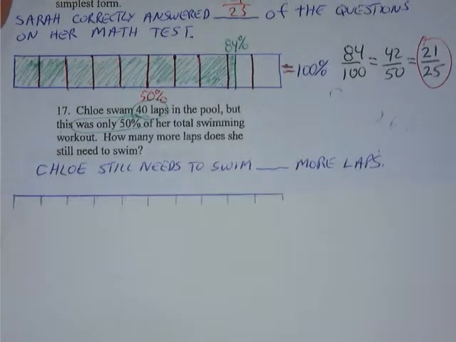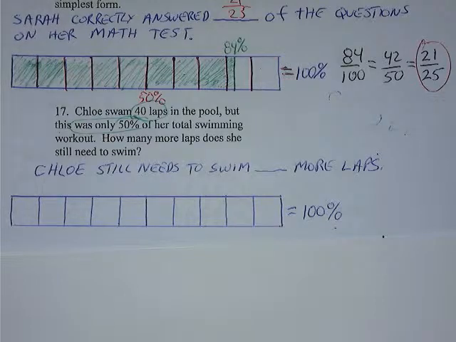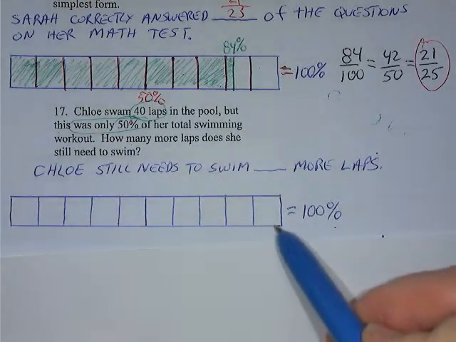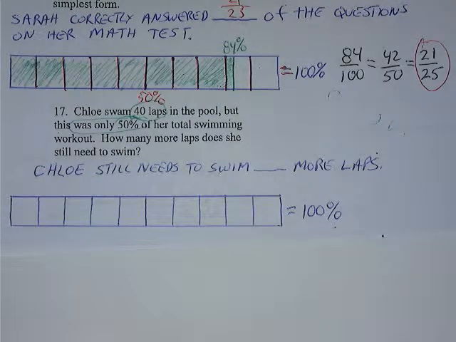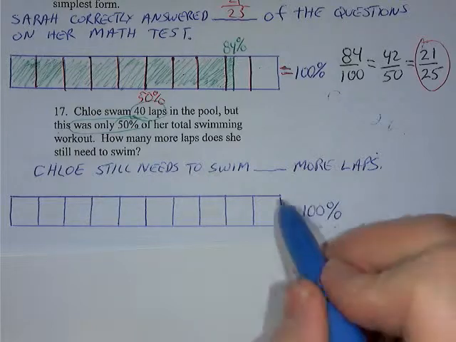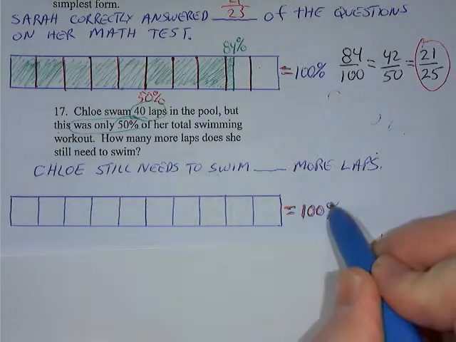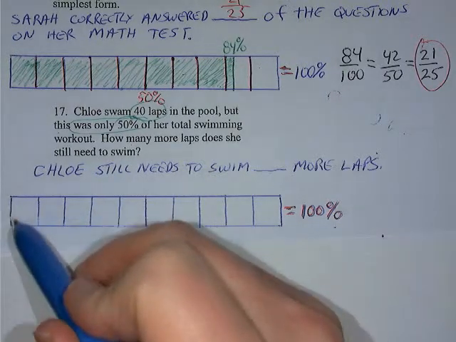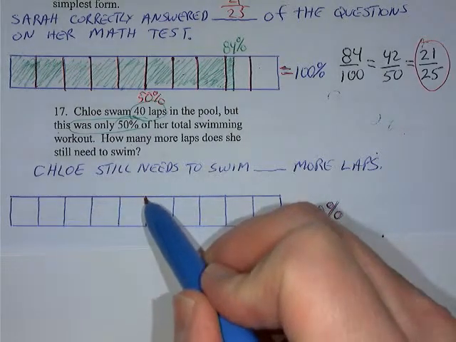So I'll do that. And then remember, we always want to make a rectangle as long as possible. You say it equals 100%. And then when you draw the rectangle, find the halfway mark, approximately.